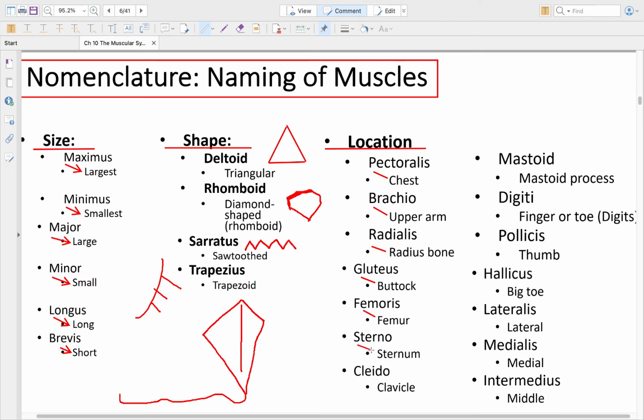Sterno is in reference to your sternum. Cleido means your clavicle, your collarbone. Anything with the term mastoid is referring to the mastoid process.